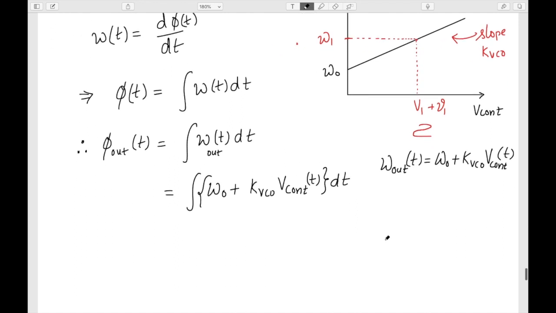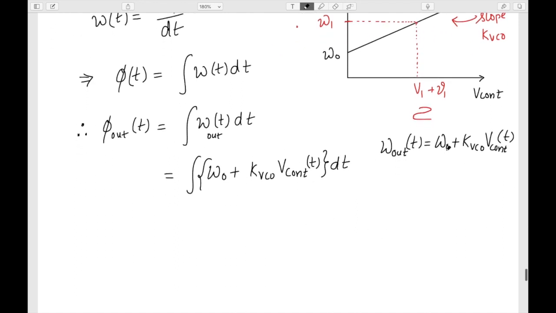Since omega naught here is a constant, it's basically the y-intercept, I can take this term outside the integration: omega naught t. If I integrate just the dt, it is t, and KVCO is also a constant, it's a slope, so it also comes out, and what I have here is the integral of V cont(t) dt.